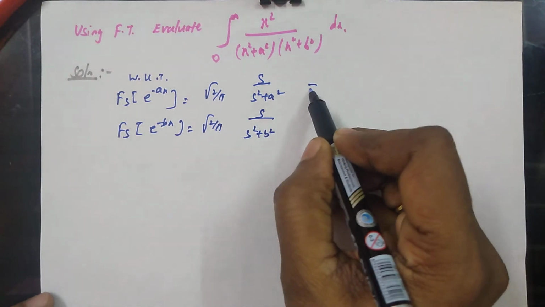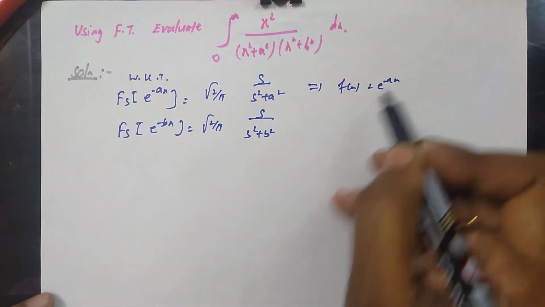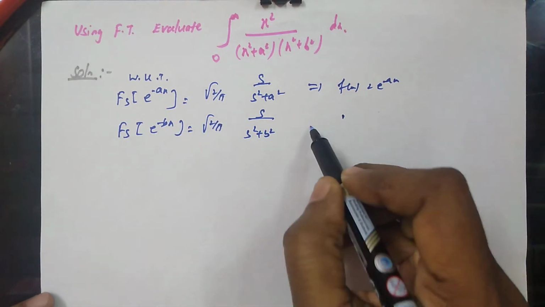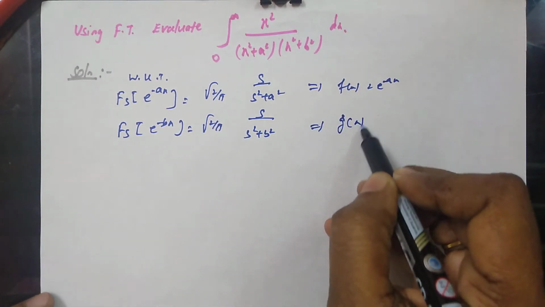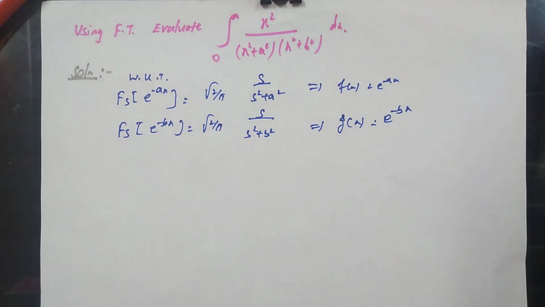So, in this case, we have f of x equal to e power minus ax. Take another function g of x, which is nothing but e power minus bx. Now, based on this, we have a result from Parseval's identity.